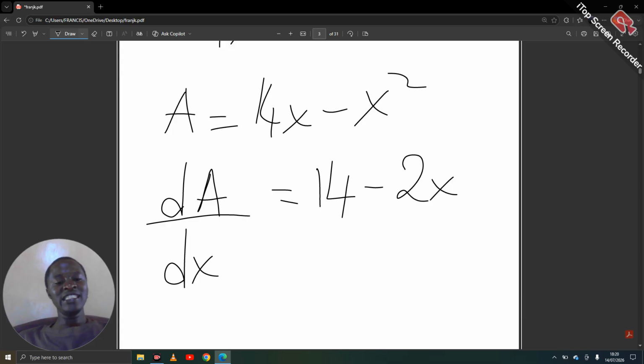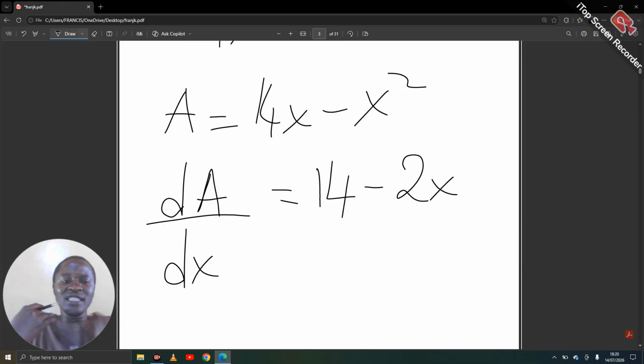Remember, when you are differentiating, this is a kind of something that is stationary. So when you are differentiating, the dA over dx will always be 0.